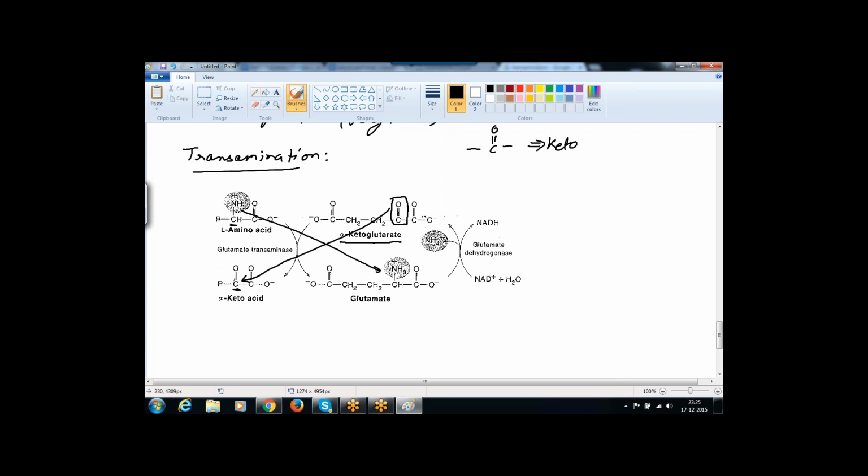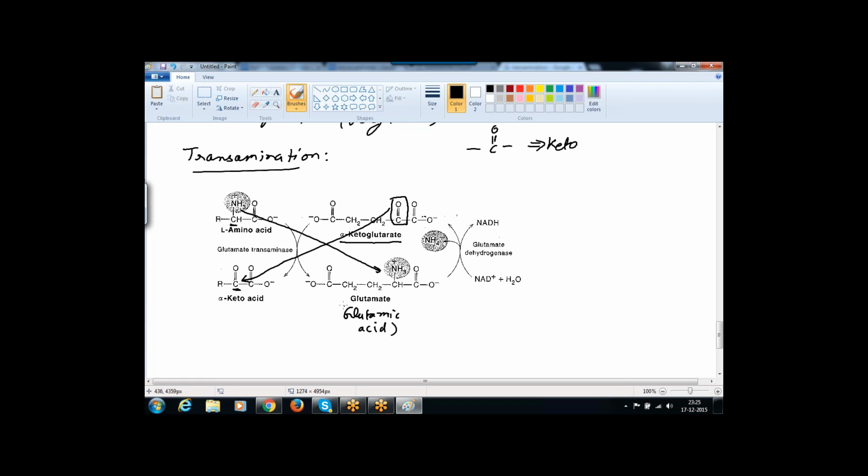Yeah. So alpha ketoglutarate, after gaining the amino group, will become an amino acid, right? Now it is an amino group next to acid. So it will be called an amino acid, which is glutamate or glutamic acid. You know, its other name is glutamic acid.